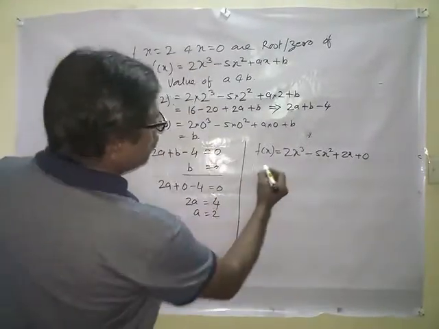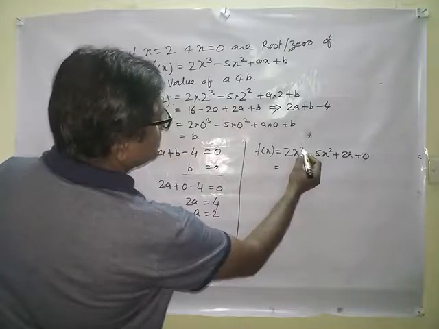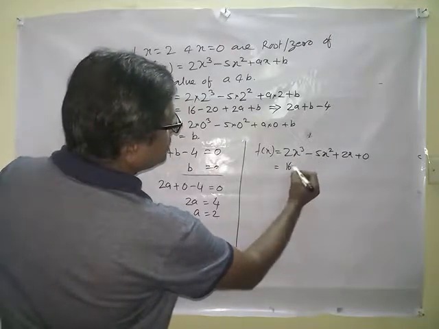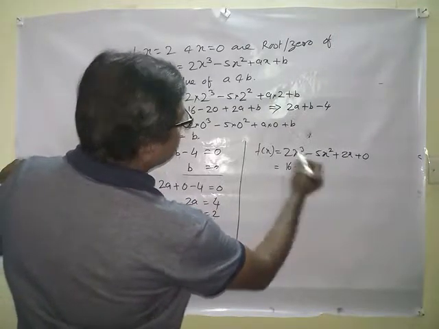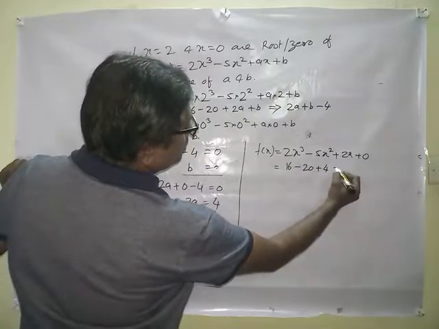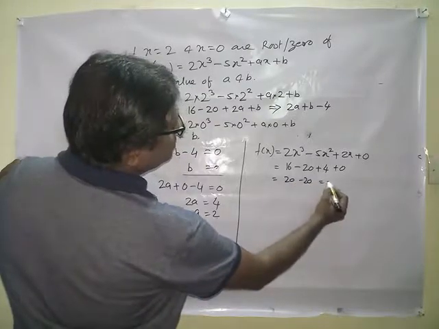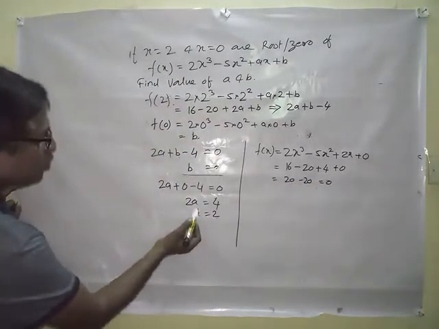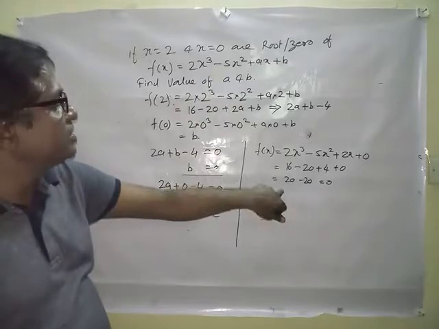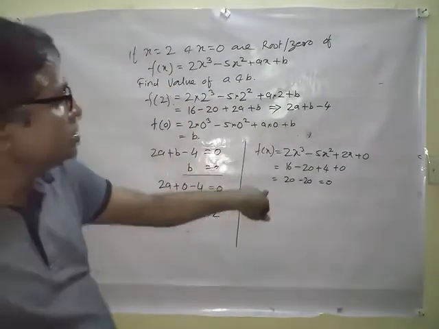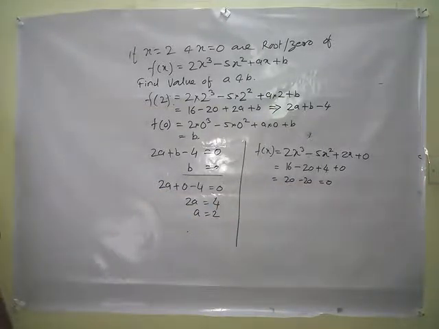Now put the value of 2: 2 cube is 8 multiplied by 2 is 16, minus 4 multiplied by 5 is 20, plus 2 into 2 is 4, plus 0. That is 16 plus 4 is 20, minus 20 is equal to 0. So whatever values of a and b you found are correct, because after putting the values of a and b in this equation and applying this zero or root, you are getting the answer 0. So that is how you can cross check your answer.